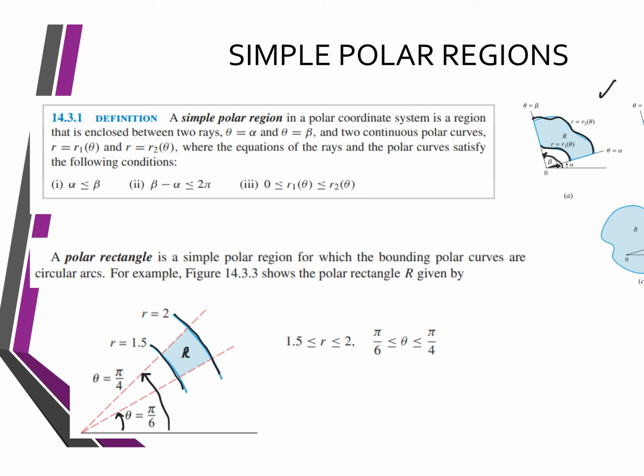So this one is our A, and this one is our B. And this one is our R1, and this one is our R2.